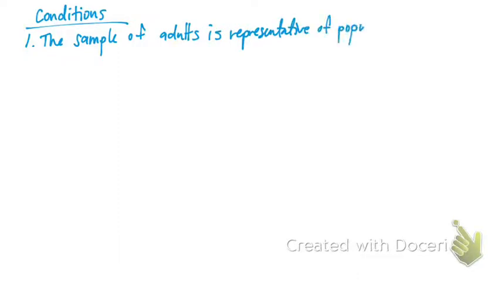I sometimes hate this example because I would say 99 out of 100 times it's a random sample. And so you would say the sample of adults is randomly selected. I'm going to put that down below as a little hyphen, randomly selected, because most times it's a random selection.